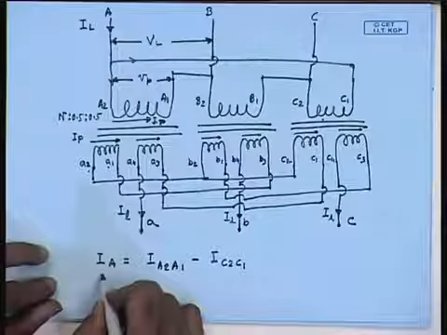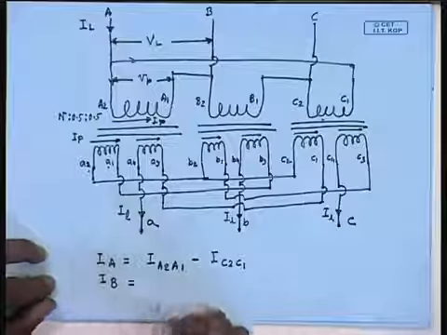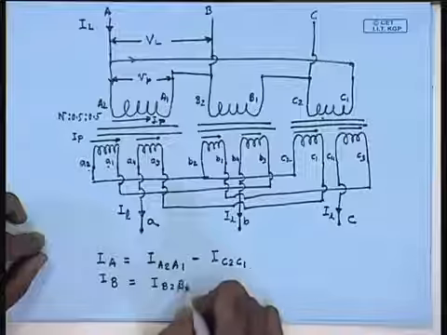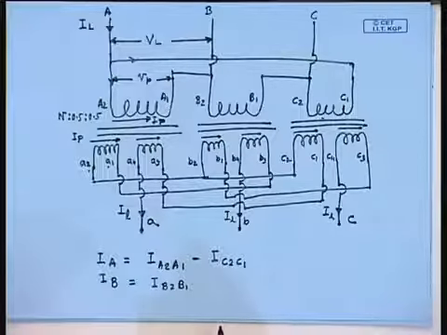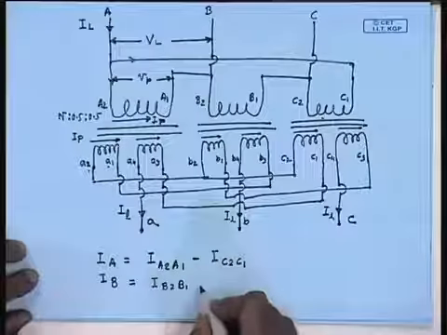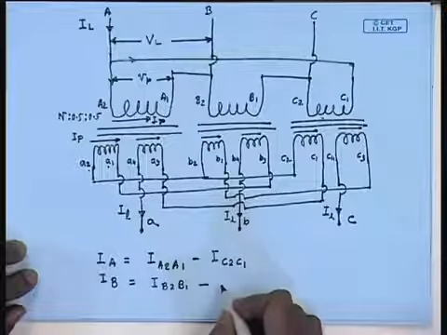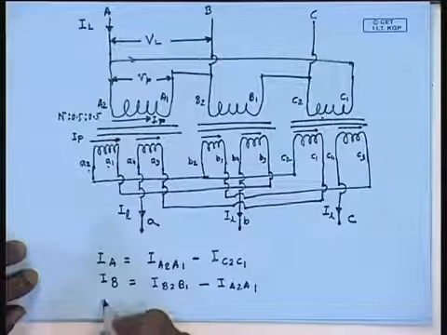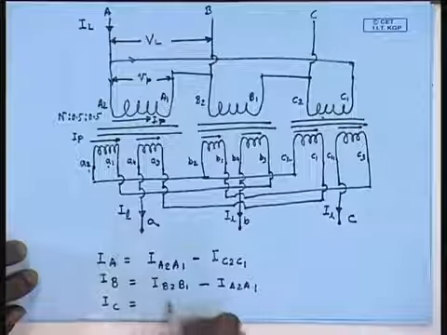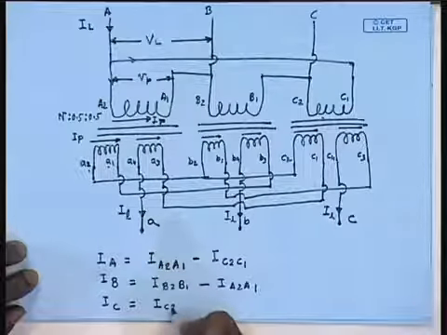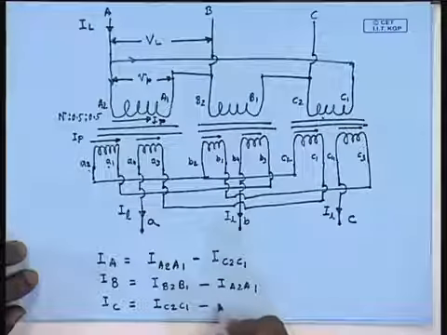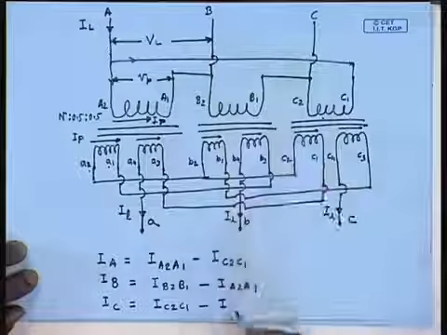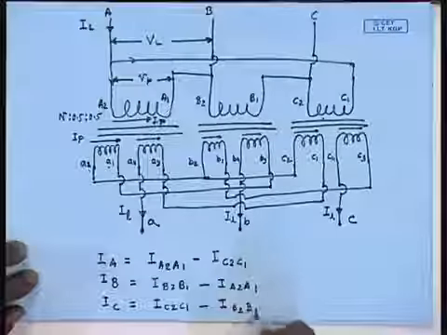Similarly, line current IB equal to I B2B1 minus I A2A1, and IC equal to I C2C1 minus I B2B1.